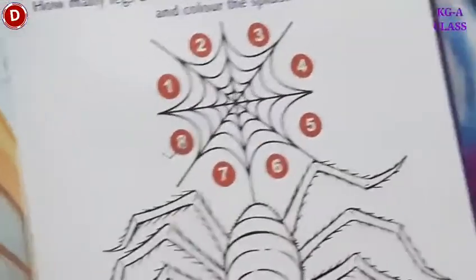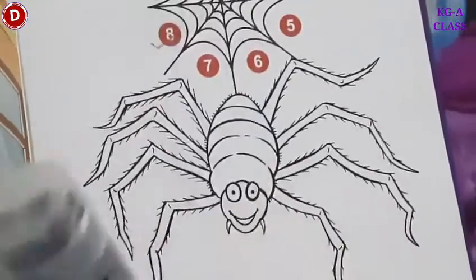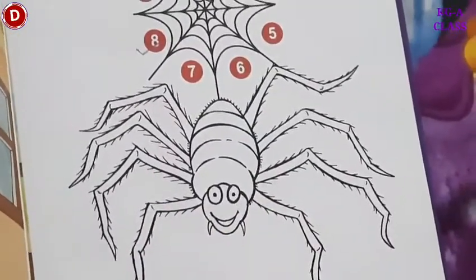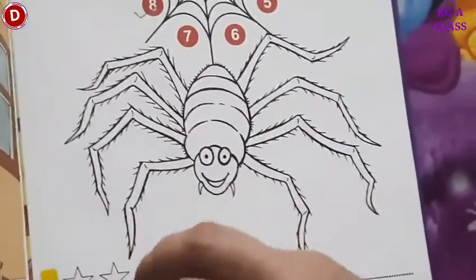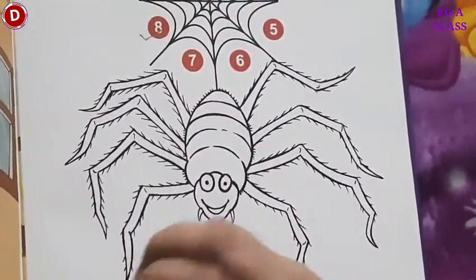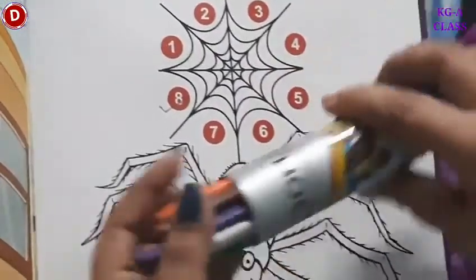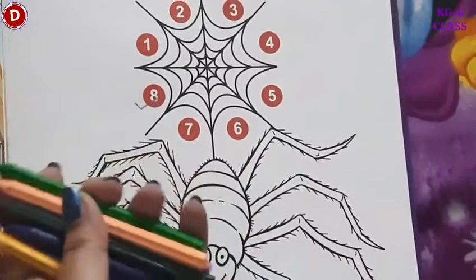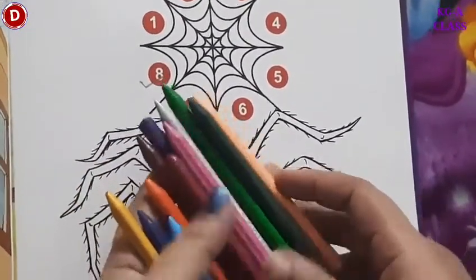And children, now we will color the spider with the crayons, the colors you have in your book set. So, spider is of black or grey color, isn't it children? So, let's take out the color. Where is the black color?